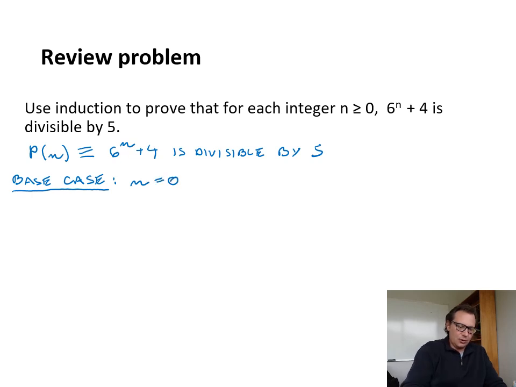So we have to show that 6 to the power of 0 plus 4 is divisible by 5, and so we get 1 plus 4, which is equal to 5, and 5 is divisible by 5. So we showed it for our base case. Now we assume our inductive hypothesis.